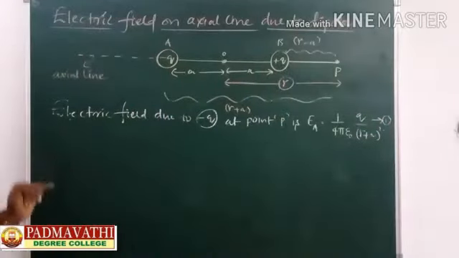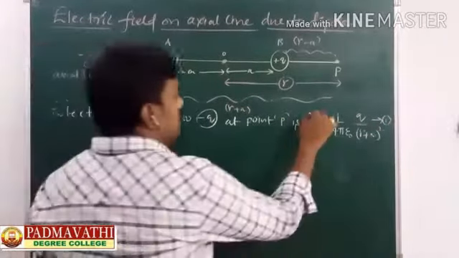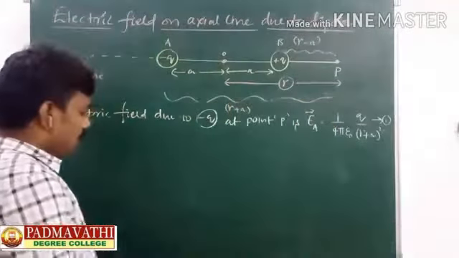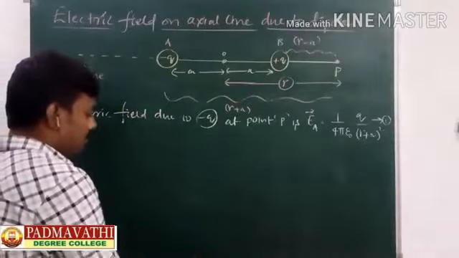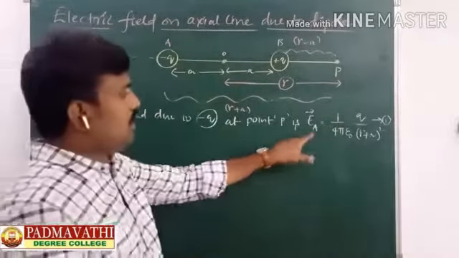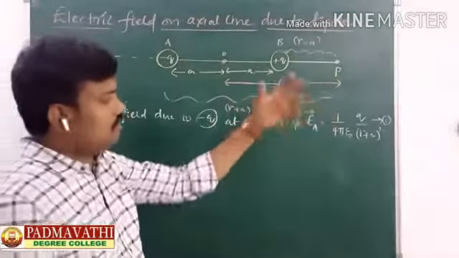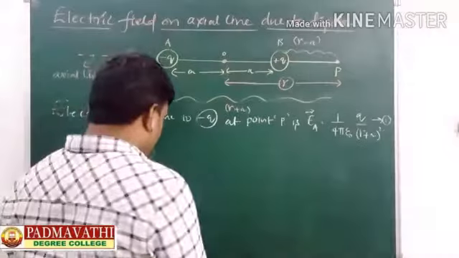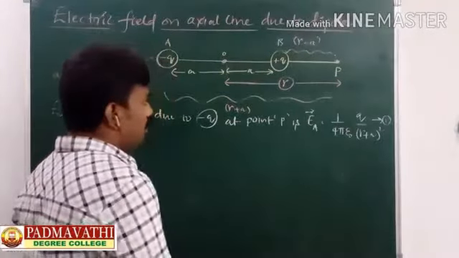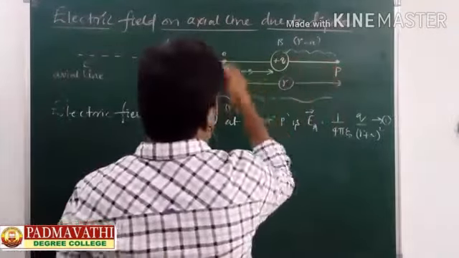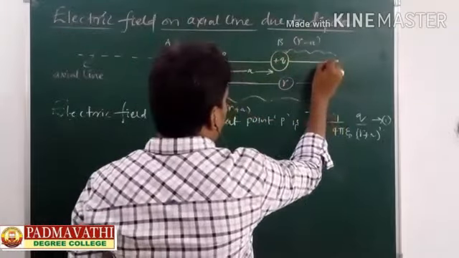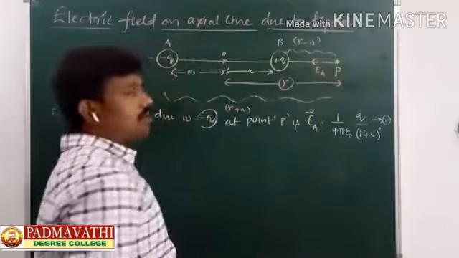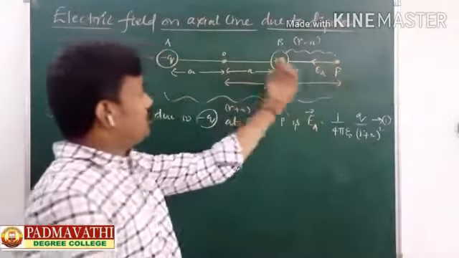If you want to write it in terms of vector, this is EA bar. Here is an interesting point. What is the direction of EA? EA is produced by the minus Q charge, so EA will be towards minus Q. I am going to represent it with this vector. Why?